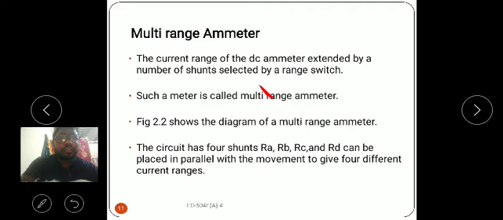Here I am using four resistors, so we get four different current ranges. Multiple means more than two resistors connected in shunt with the meter, and we call it a multi-range ammeter. The multiple ranges of the ammeter, identified with the help of shunt resistors, is called the multi-range ammeter.